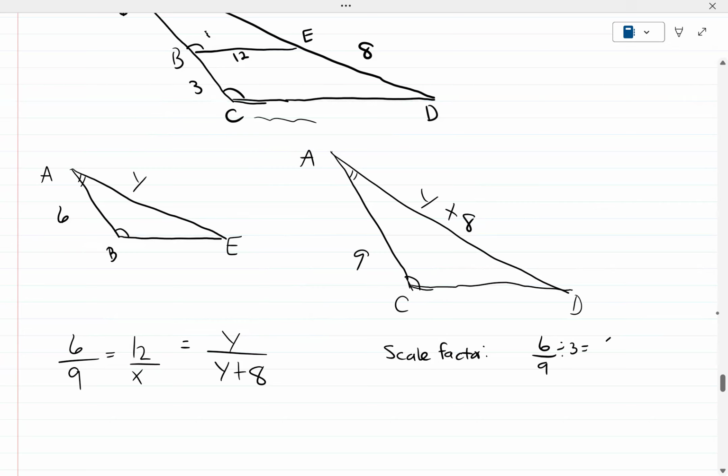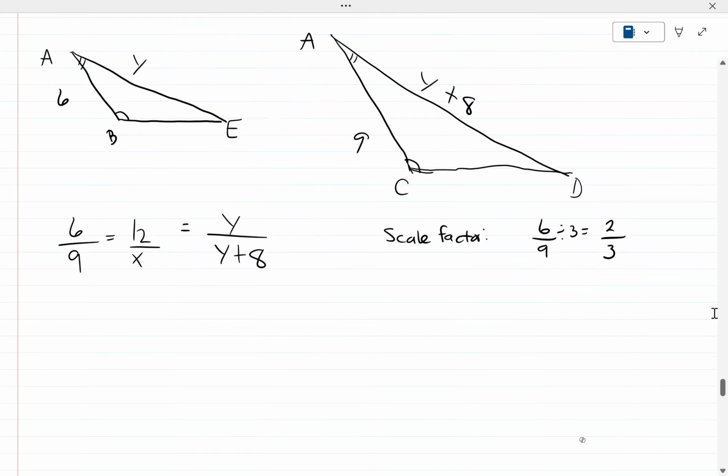So 6 divided by 3 is 2, and 9 divided by 3 is 3. So we could find X, right? We could do this one, because this is just X. So yeah, let's do that.